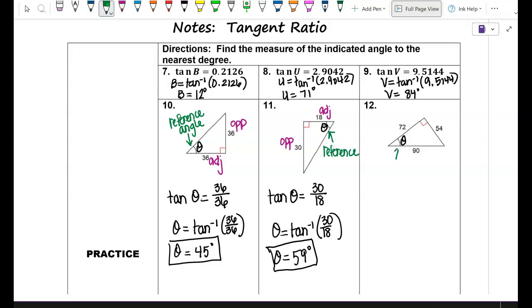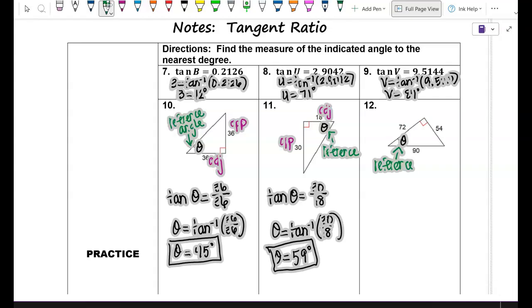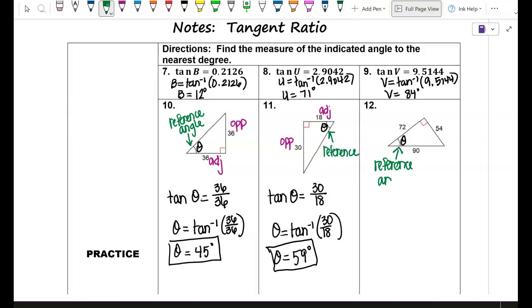So number 12. Now, what is different about number 12 from what we have seen so far on the other two, 10 and 11, is they've added the measure of the hypotenuse in. And they've done that just to make sure we are paying attention and getting the right measurements. We need to know that the 90 is not part of the tangent, because tangent is always opposite over adjacent.